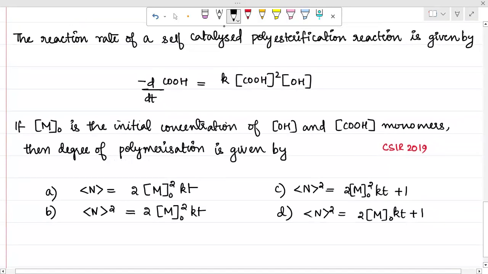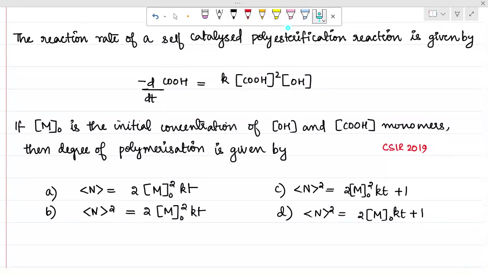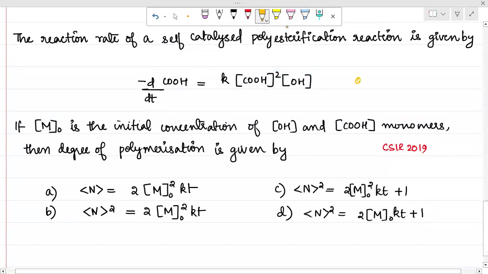Okay. So already it is given that the rate of the reaction is depending as follows. So there is no other hint given. So we can see that the rate of the reaction is equal to rate constant into carboxyl ion concentration to the power 2, hydroxyl ion concentration to the power 1. Correct? So from this, you can get the total order of the reaction as 3.